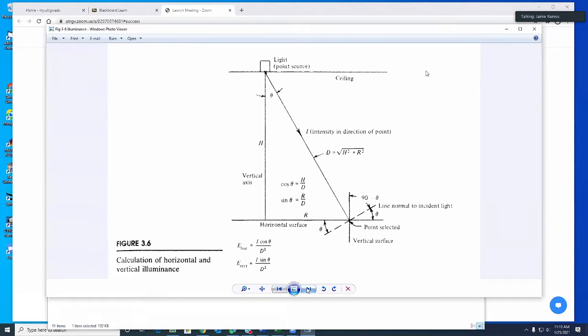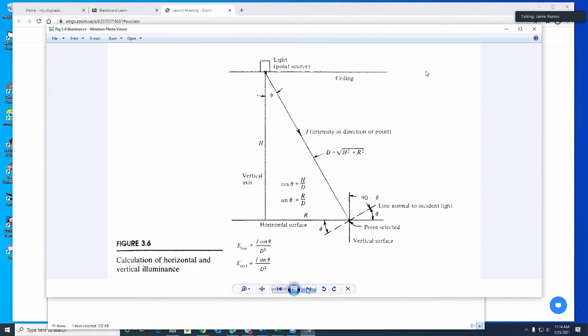All right, so let me move to the next. So here is the analysis for the illuminance. The illuminance depends on I, the intensity, which is emitted from the source, and that I will be in lumens.